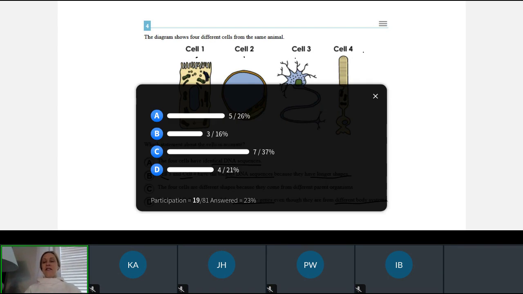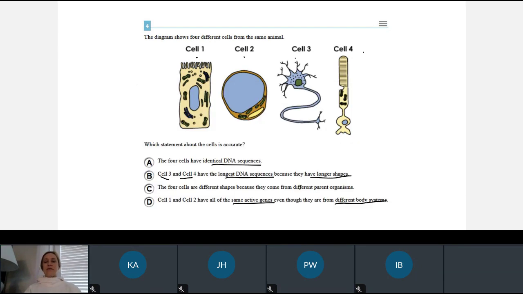Okay? So let's look at this. These cells are all in your body. If they're all in your body, what do they all have that's the same? What do you think?